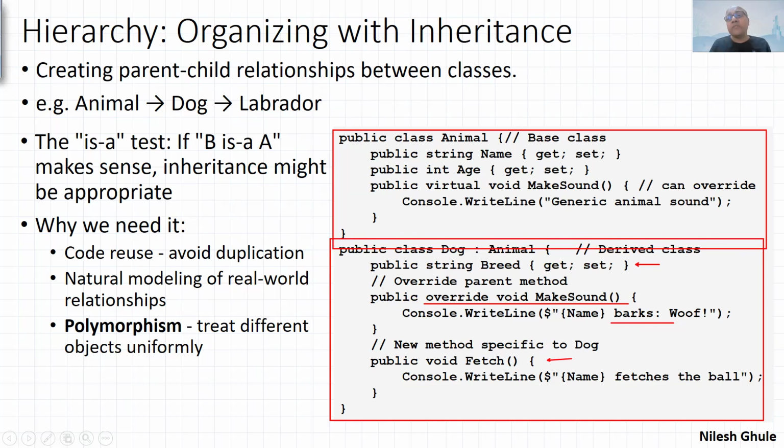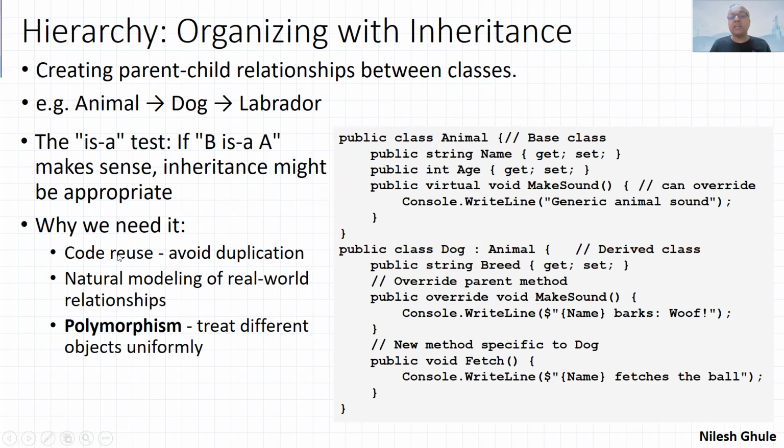By the way, why do we need inheritance? We need it basically for code reusability and avoiding duplication. Inheritance is a natural modeling of real-world relationships. As I said, a fruit is a food or a mango is a fruit, you can put that into programming code by writing separate classes and doing inheritance for that.